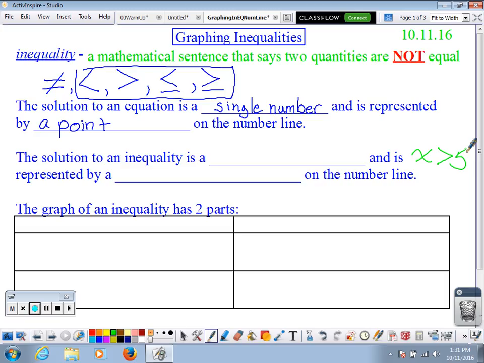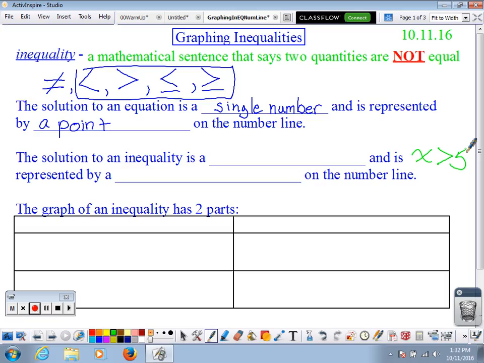Can you give me another one? Something else that's greater than 5? 10 is greater than 5. 21 is greater than 5. 100. Now we're having fun. 56. 7. 1,000. 80 bajillion, 422 quadrillion.